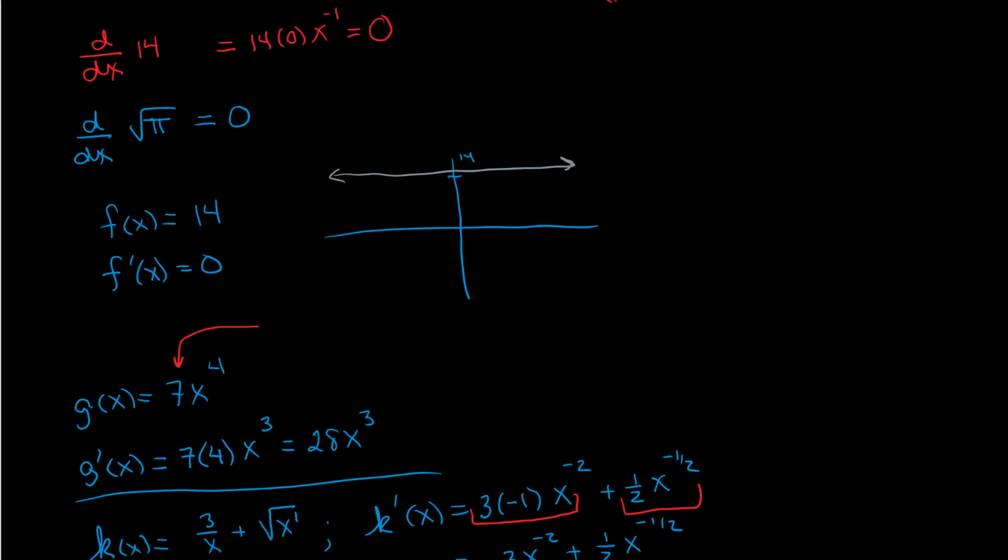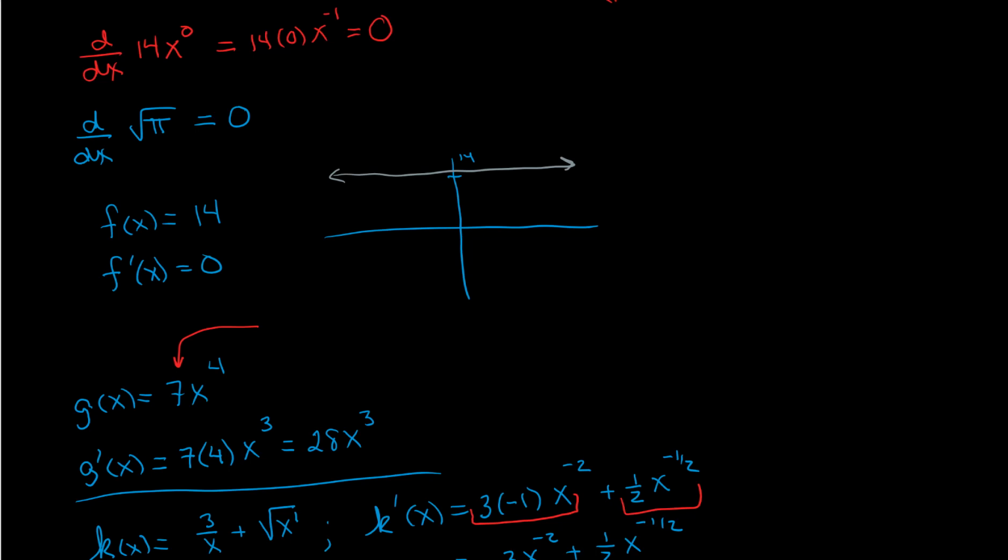But numerically, how do you come up with that? Well, you can write 14 as 14 times x to the 0 power. Remember, x to the 0 power is just a fancy way of saying 1. So in this equation on the left, I really just have 14 times 1, which is just 14. But writing it in this format allows me to then use the power rule.